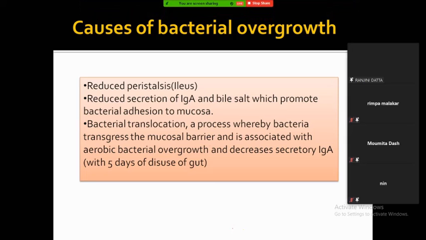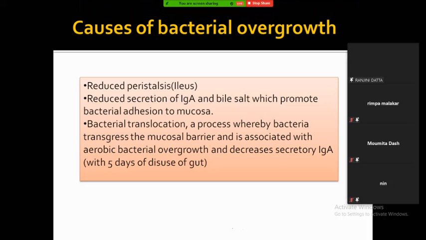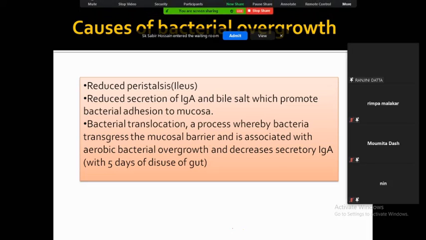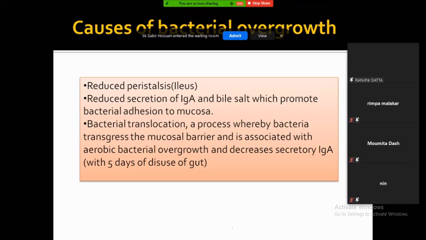Now, a reduced secretion of immunoglobulins and bile salts promotes something very fearsome. In our GI system, there are lots of bacteria, some friendly and useful for us, and some which proliferate various diseases. If these unfriendly bacteria adhere to the mucosa, there will be overgrowth or overcolonization of these bacteria. Alongside, there will be translocation of these bacteria, which I was stressing till now.